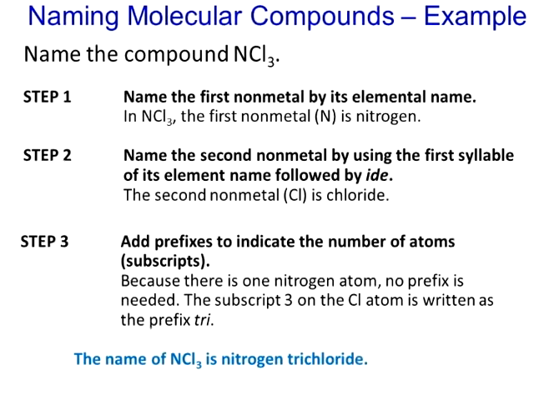Because there's one atom of nitrogen, no prefix is needed. The subscript 3 on the chloride, on the other hand, is written with the prefix tri, and you must learn these terms. Tri means 3. Therefore, the name of NCl3 is nitrogen trichloride. That's how we do it. Those are the rules for naming them.